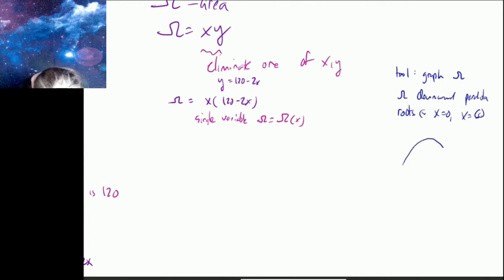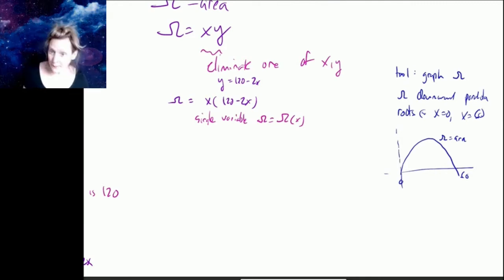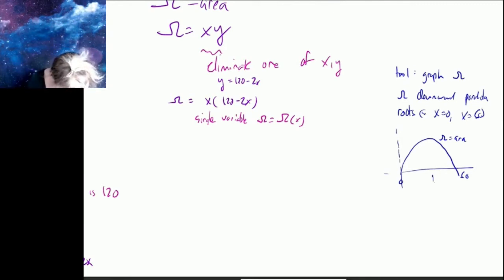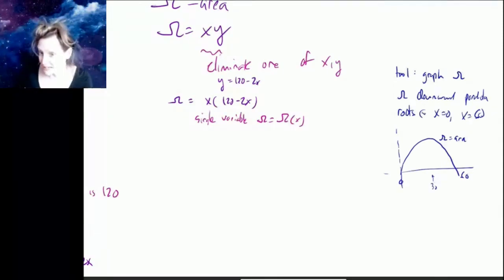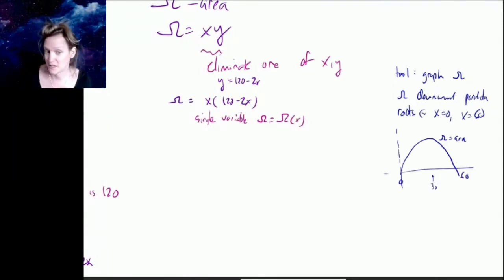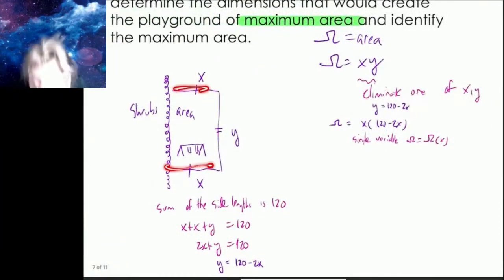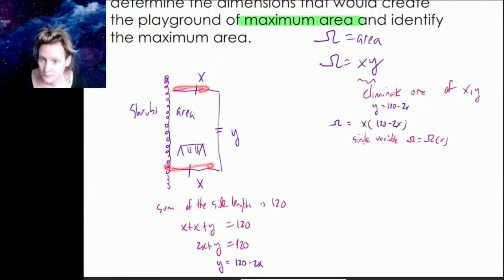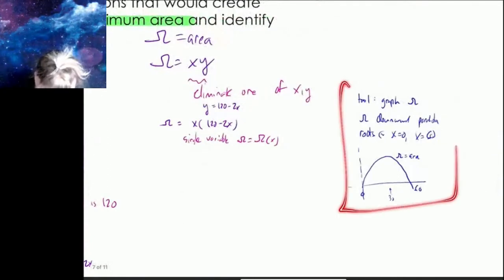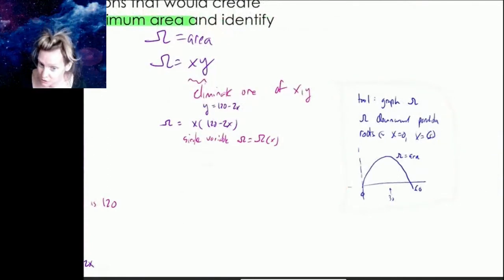This is omega equals area, a plot of the area. And we know that it's a parabola, which means that the optimum should occur in the middle. So we can predict, without even computing critical points, that the maximum should occur at x equals 30. That means that these side lengths should be 30 when it's optimal. I get that from looking at a graph of my objective function.